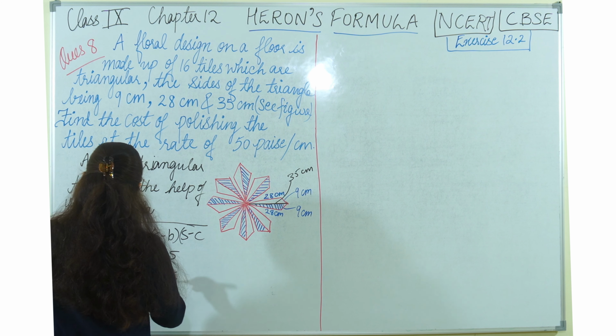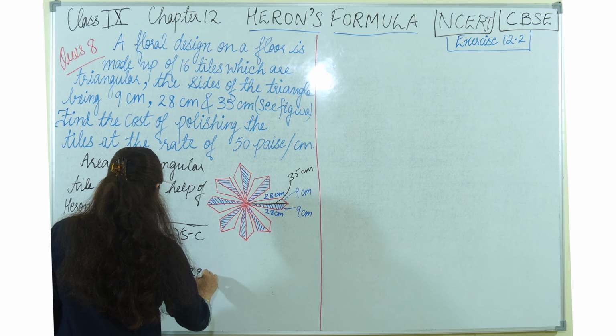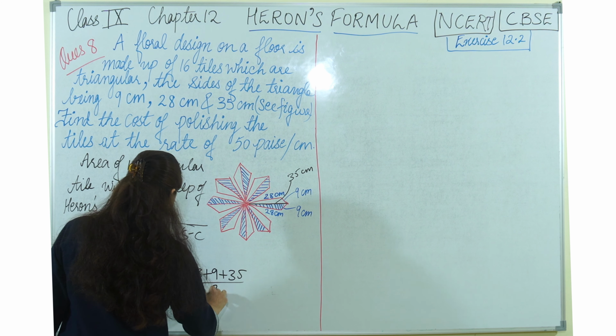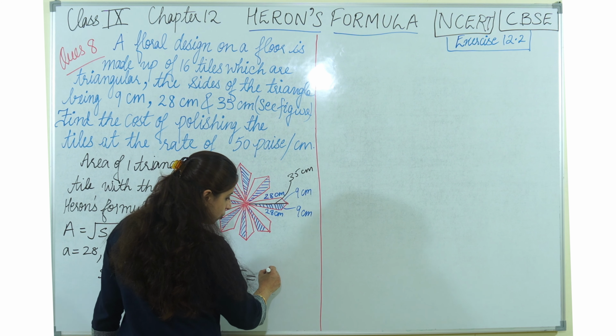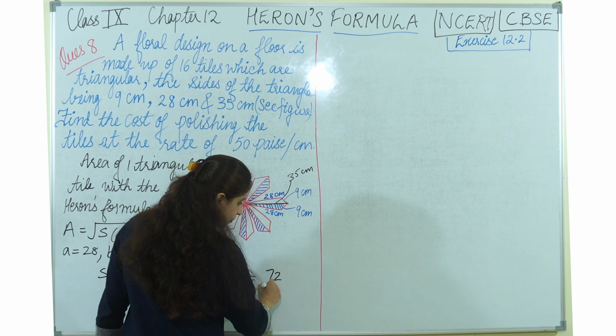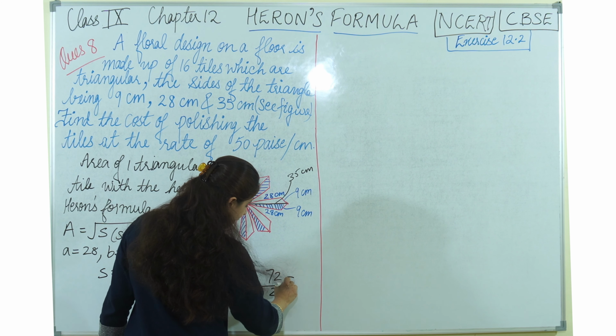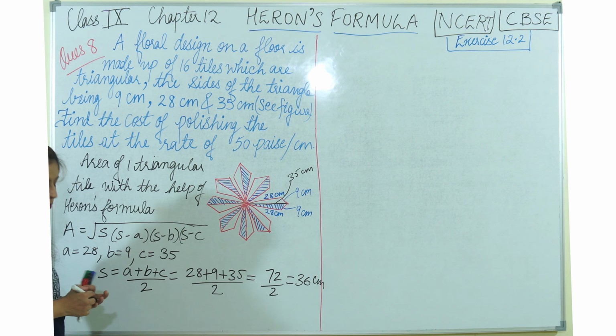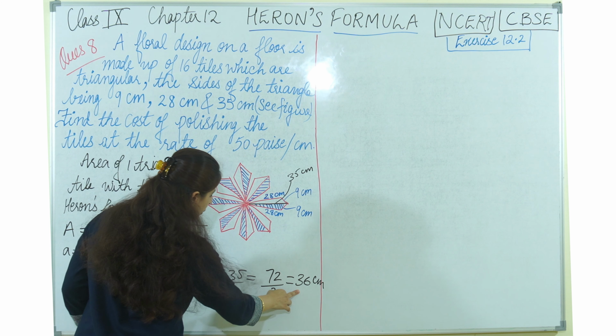So it will be equal to 28 plus 9 plus 35 upon 2. So that will be equal to 72 upon 2, that is equal to 36 centimeter. So we have found the semi-perimeter.